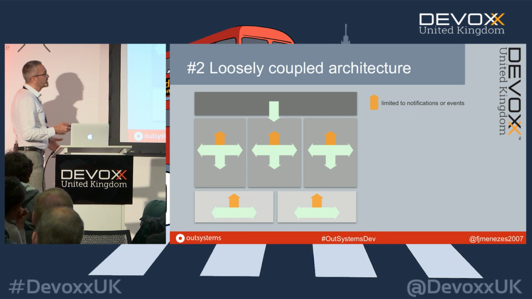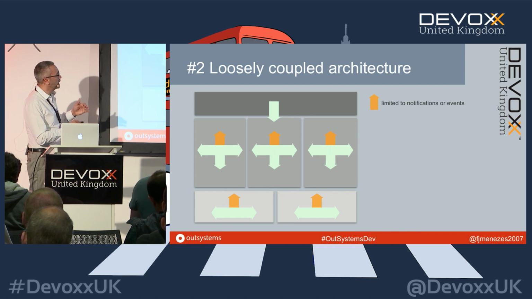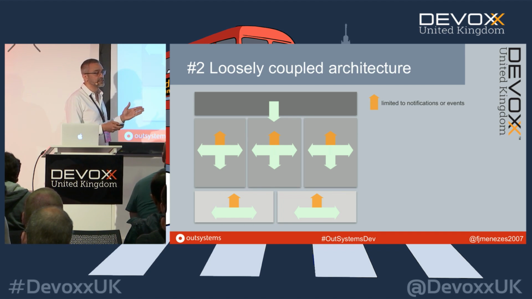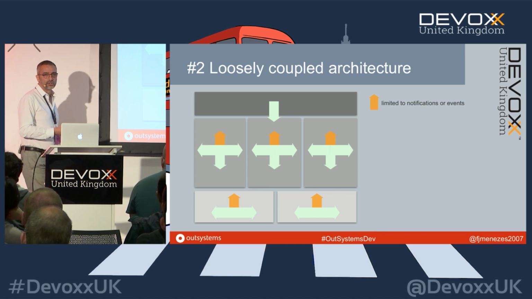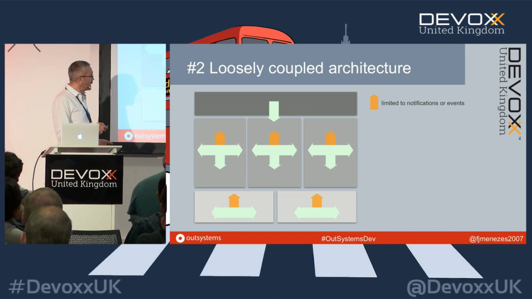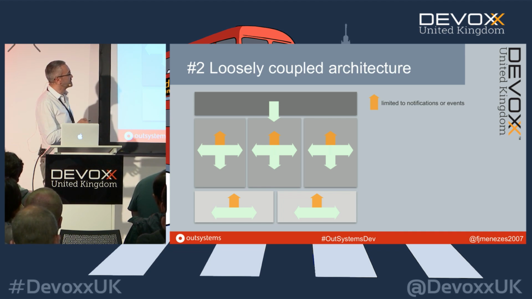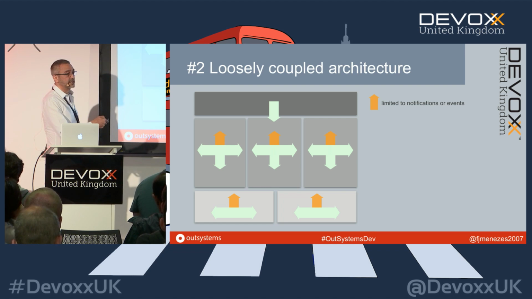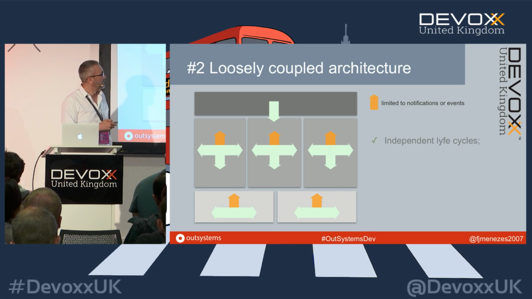With a loosely coupled architecture, you can provide services and you can make references in all directions, with some limitations on the upward references because they should be limited to notifications or events. But you have all this flexibility, and now you can provide some services even at the vertical level, because if they are business related, probably they don't belong to one of these horizontal domains.